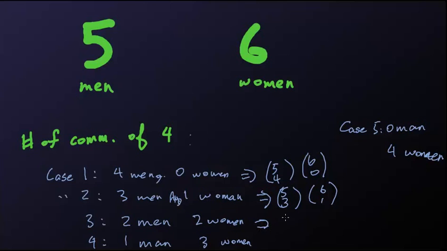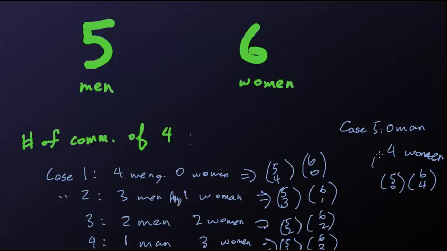2 men and 2 women, that's a total of 5 choose 2 times 6 choose 2. Total ways of choosing 1 man with 3 women, 5 choose 1 times 6 choose 3. And total number of ways of choosing 0 men and 4 women, that is 5 choose 0 times 6 choose 4. So the total number of ways that we can make a committee of 4 from 5 men and 6 women is equal to the sum of all this.